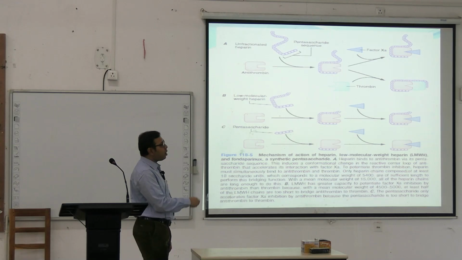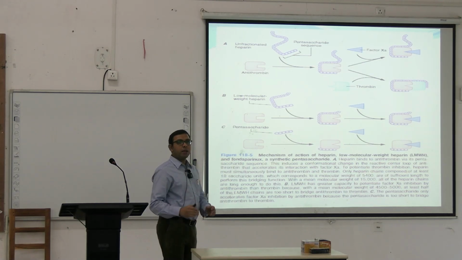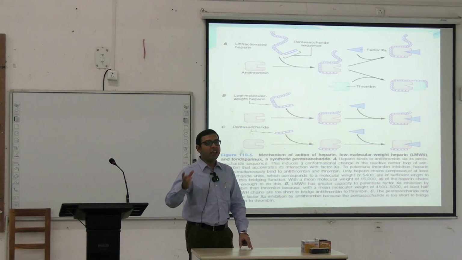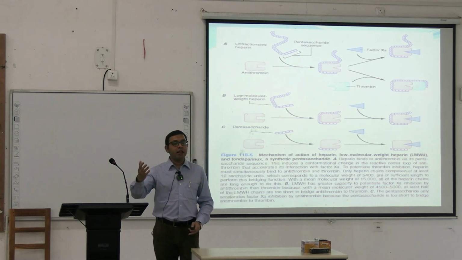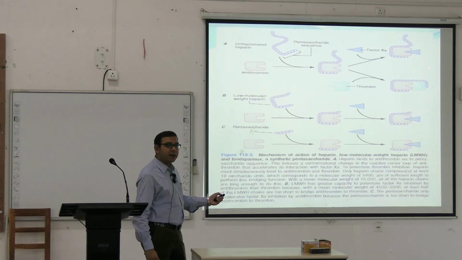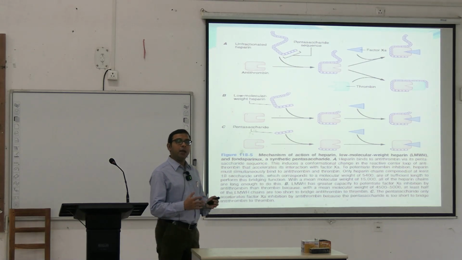Apart from the thrombin, there will be conformational changes of the antithrombin molecule when it comes within the scaffolding. This is a rectangular one, it becomes the triangular one, just to give you an impression that there will be conformational changes when the heparin attaches to this antithrombin molecule. This conformational change also accelerates the binding of factor 10A with the antithrombin, and ultimately its destruction.